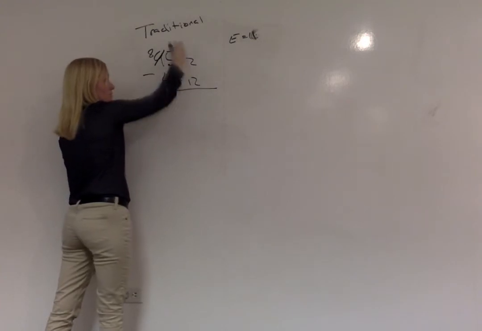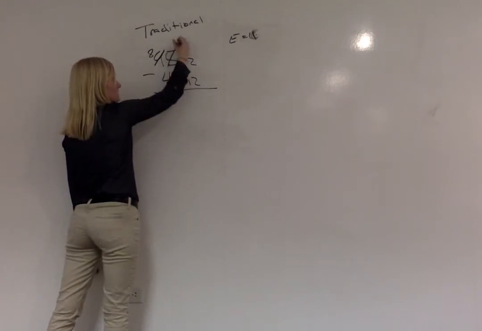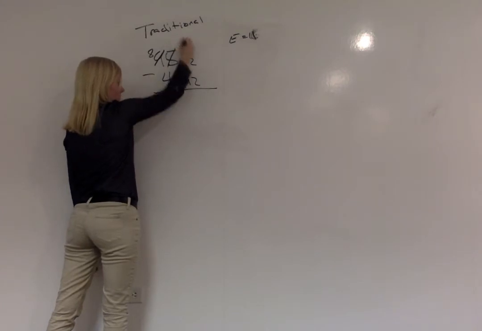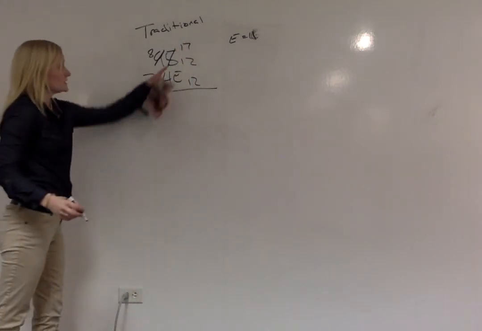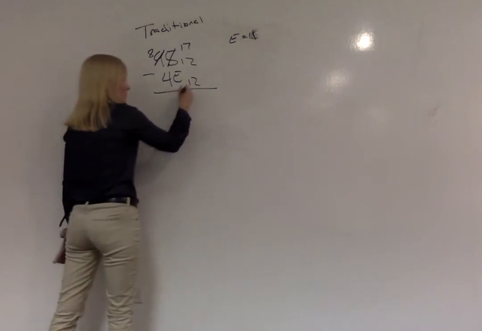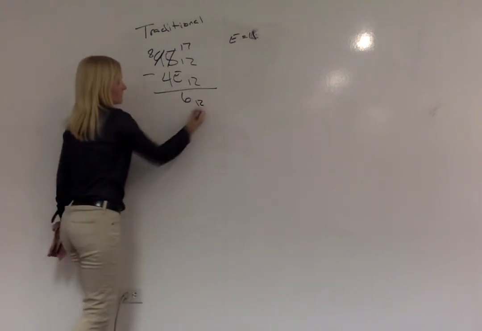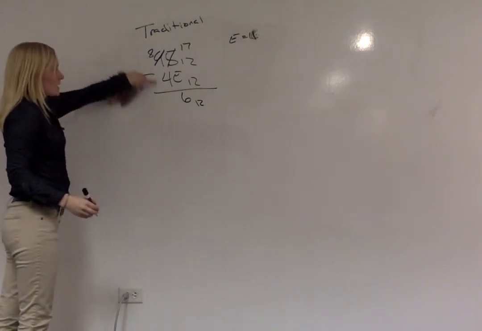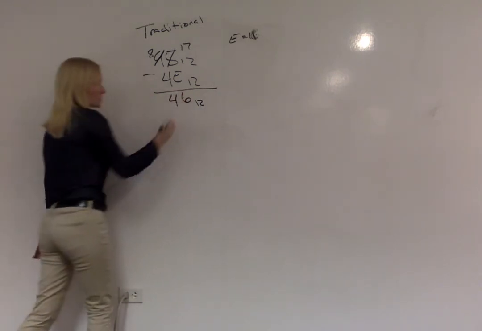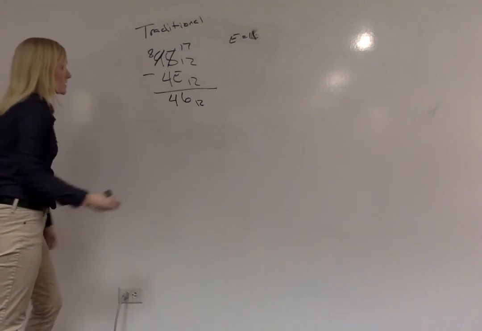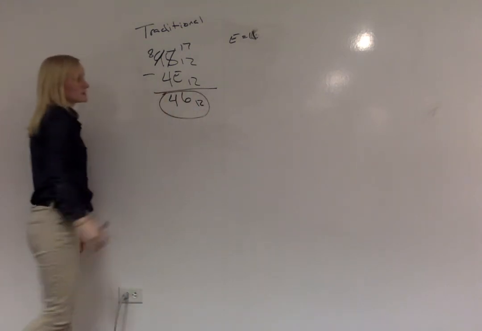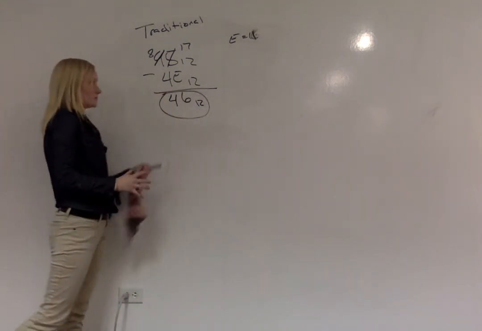So 5 plus 12 is 17. 17 minus 11 will give you 6. Now we have 8 minus 4, which is 4. So the answer to this equation is 46 base 12.